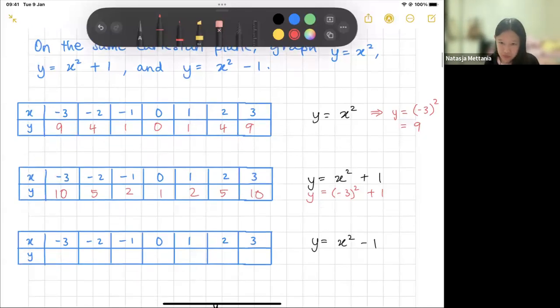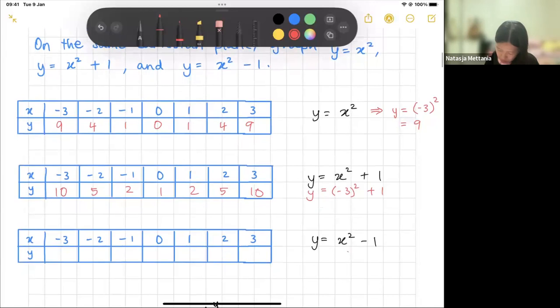Simple as that. This one right here, same thing, but now you just need to subtract 1 from it. This should be 8, this should be 3, then 0, -1, 0, 3, and 8.